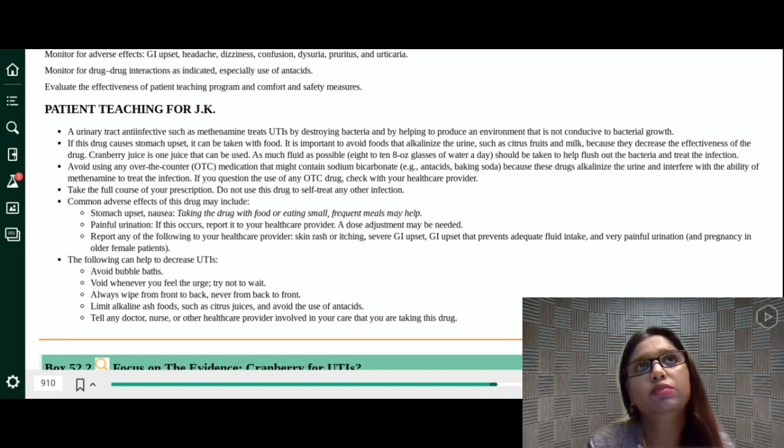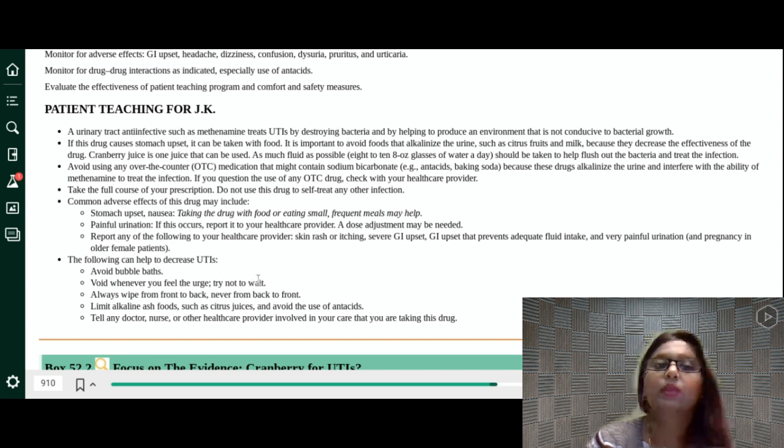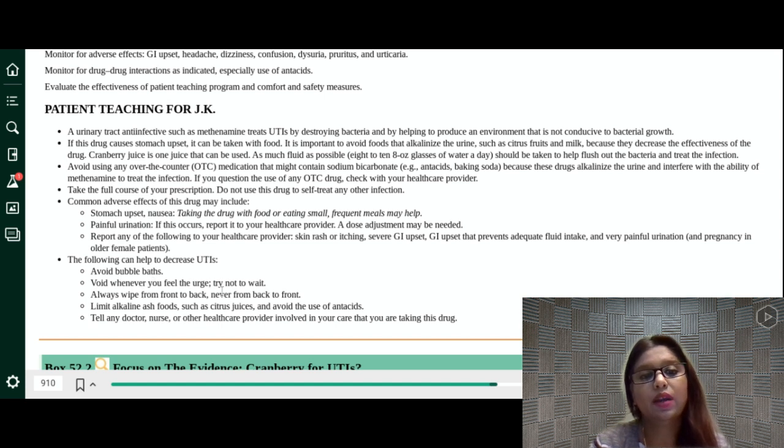If people sit in the same jacuzzi, a very, very high chance of getting UTI. So those are reservoirs of infection sometimes. Even though sometimes they put bleach in, people could get urinary tract infections from using the same swimming pools and jacuzzis. So we tell them to avoid bubble baths and try not to go there.